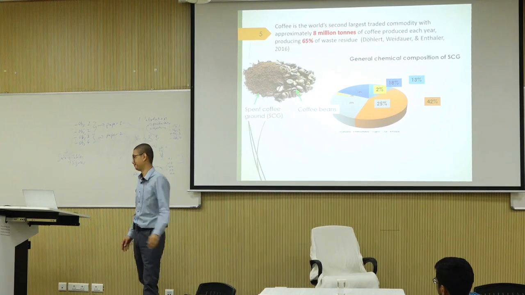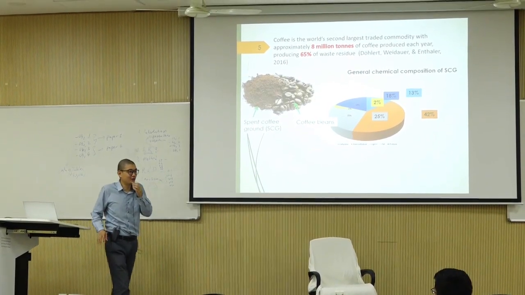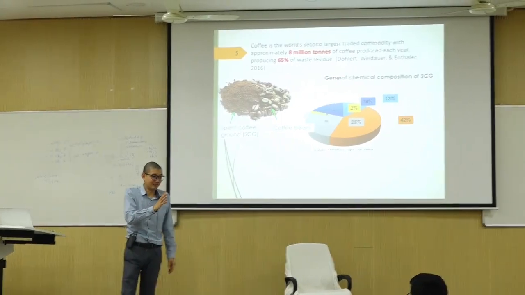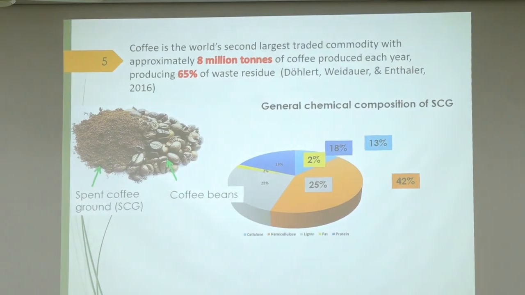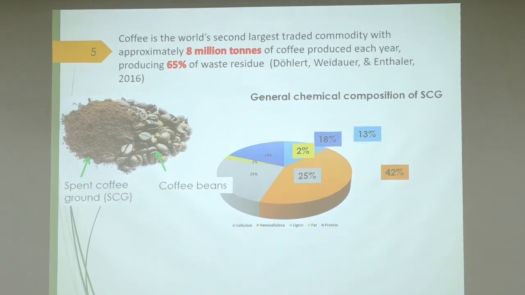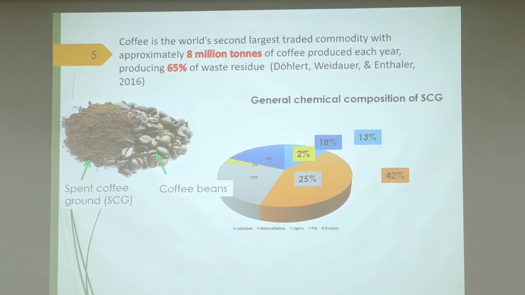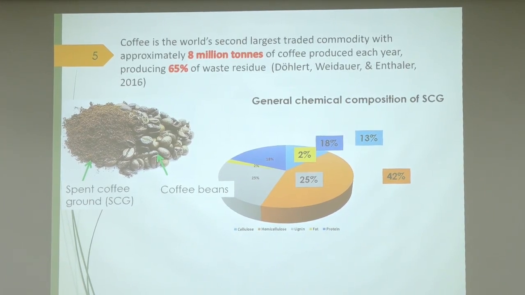It depends. If you are able to find a method to degrade the lignin into something useful, that is also very good. But for our group, it's not our focus, so we didn't study much on the lignin. We just leave it, but we know that something is still not degraded. That is the lignin.